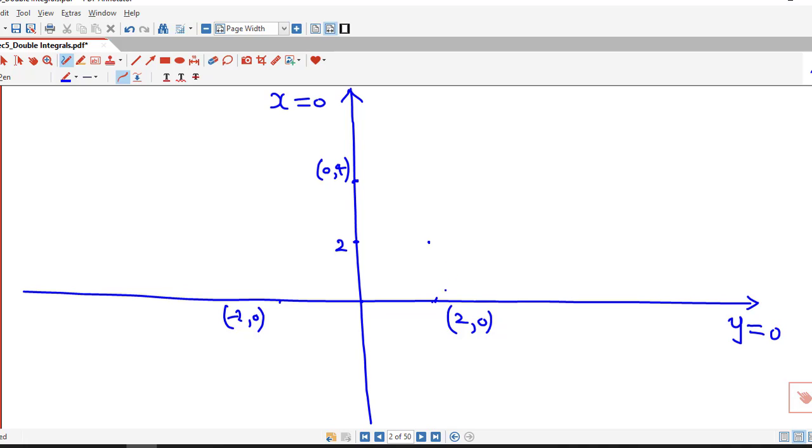First we sketch the line x equal to 2, which is the line parallel to the y-axis passing through these points. So this is the line x equal to 2.